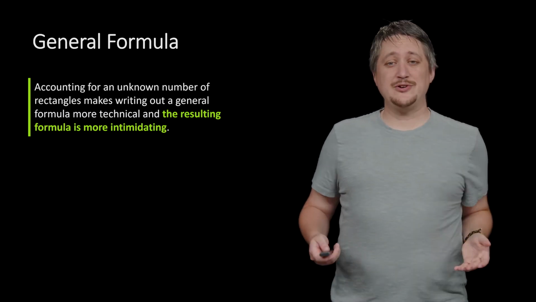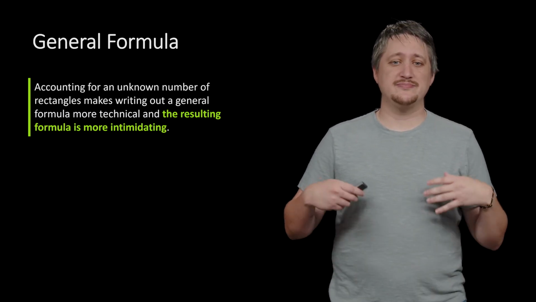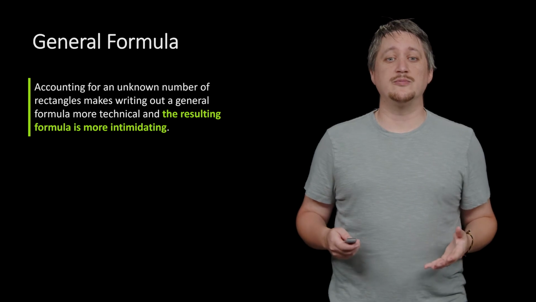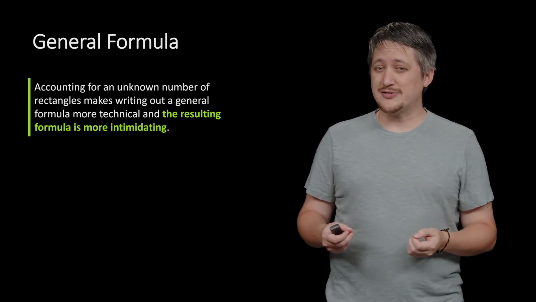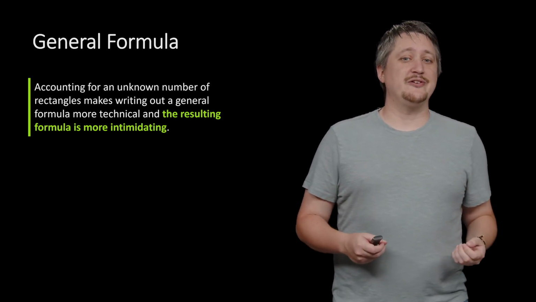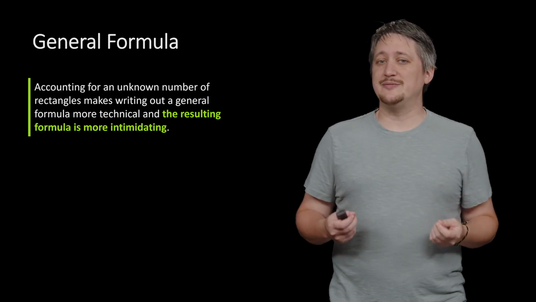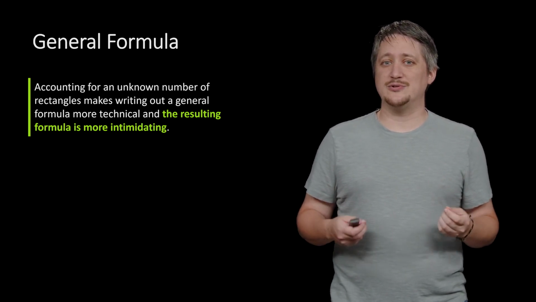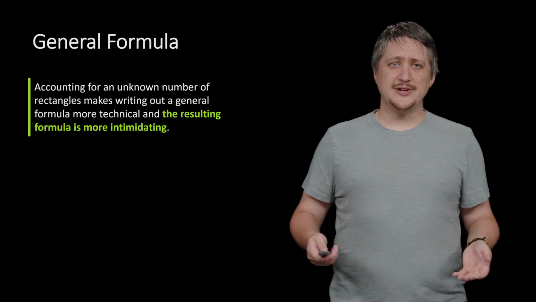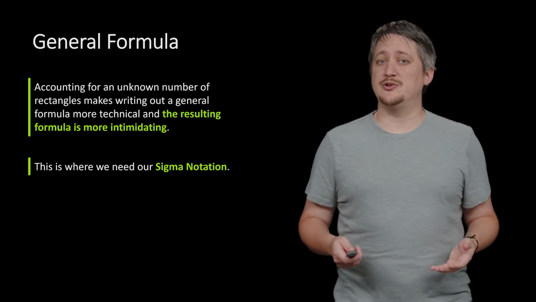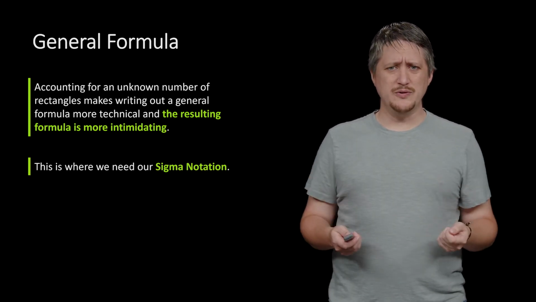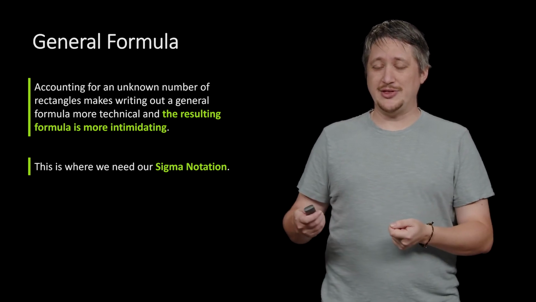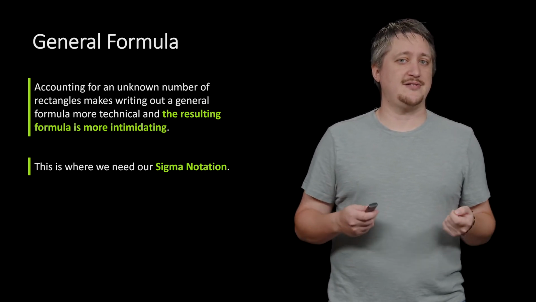Now, accounting for an unknown number of rectangles makes writing out that general formula a more technical process, and the resulting formula is more intimidating because we're going to need some more machinery. In particular, this is where we need our sigma notation. So the formulas that we eventually get are going to be written using that sigma notation.